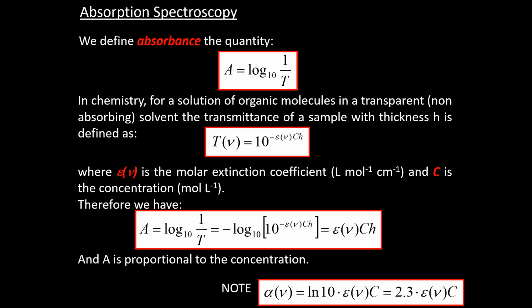Now, consider that the concentration is independent of frequency. The thickness is independent of frequency. These are quantities that do not depend on frequency, but the molar extinction coefficient does. So it might be that at a certain frequency a material is absorbing and at another frequency it is not absorbing, because its molar extinction coefficient is frequency dependent.